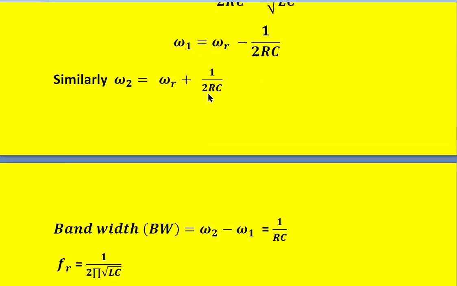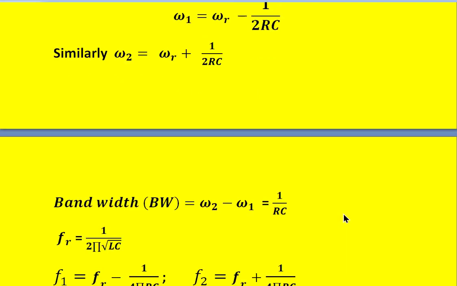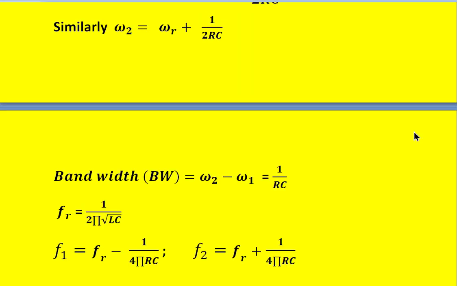Once their values are substituted and simplified, that will become 1 by RC. And omega is equal to 2 pi f, so the resonance frequency can be written as 1 by 2 pi root LC.